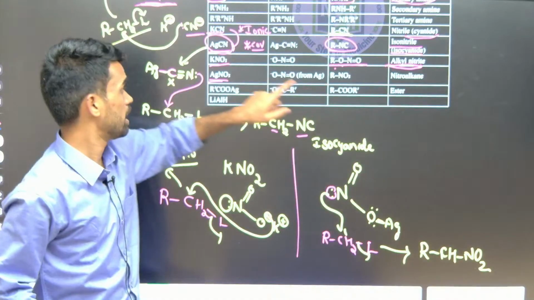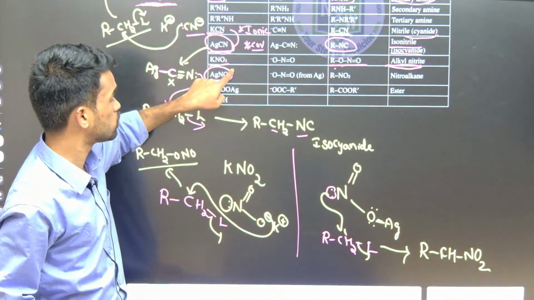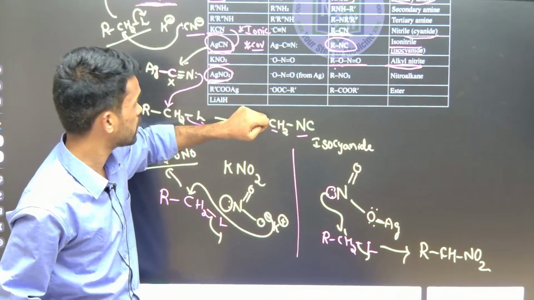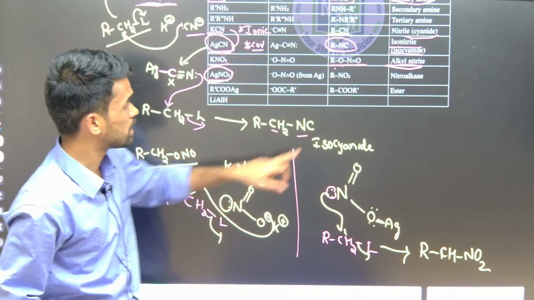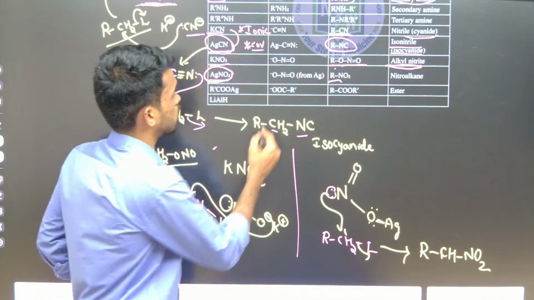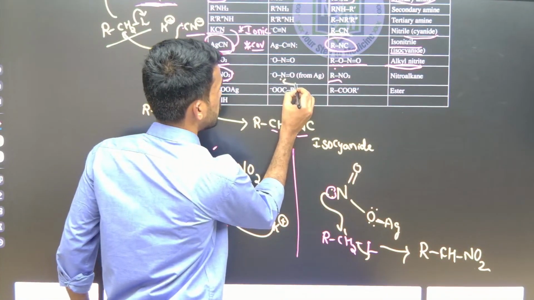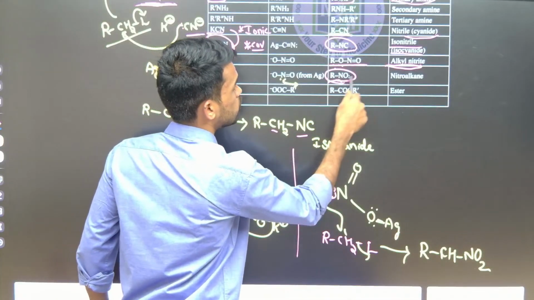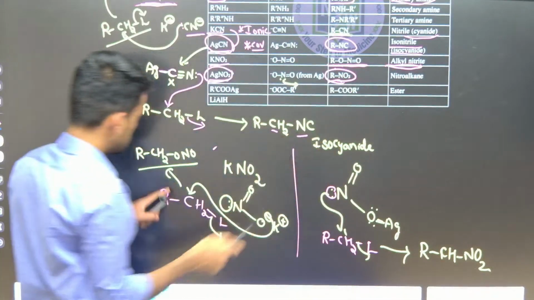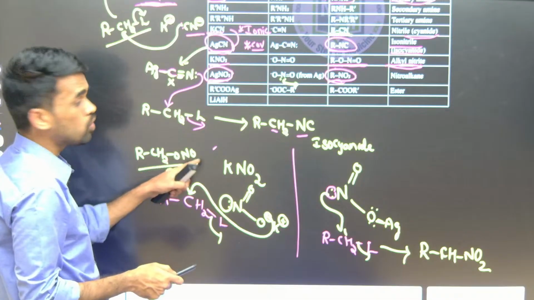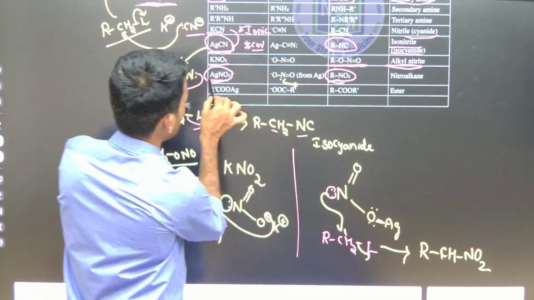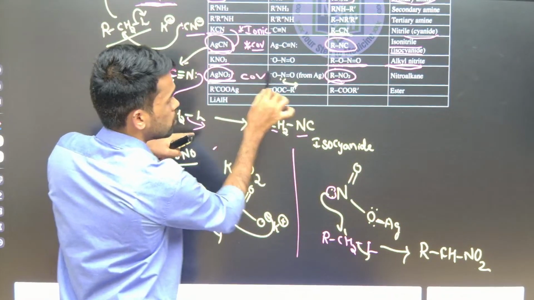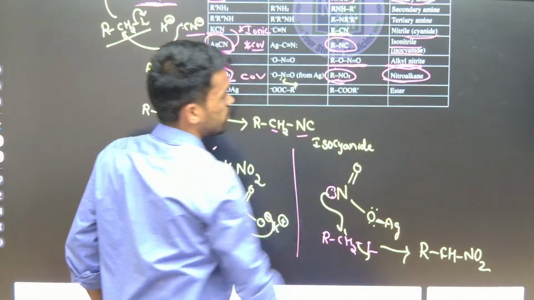If you take a covalent compound like AgNO2, it reacts through nitrogen, so we get a nitroalkane product, RNO2. This is ONO in the case of KNO2, and it is NO2 in the case of AgNO2, the covalent compound. So nitroalkanes are formed when you take the covalent compound.